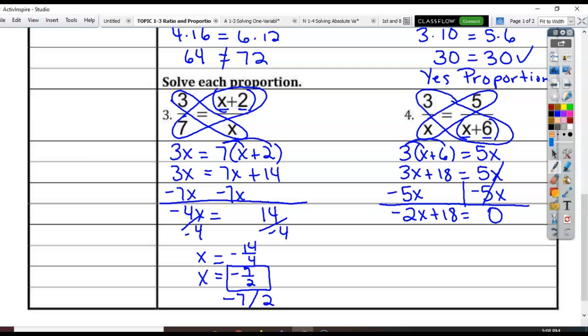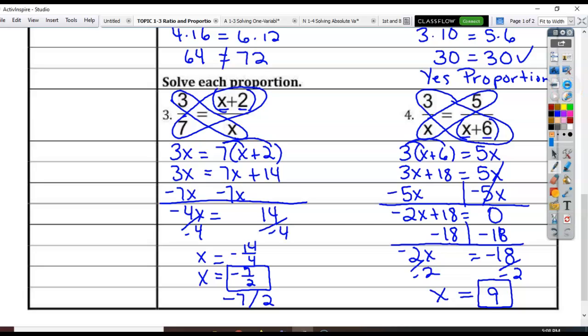Okay, those cancel out, but you have to have something over there, so make sure you put the 0. Then numbers to the right. You get a negative 2x equals negative 18. Divide, divide. You get x equals 9. Right, so your answer is x equals 9, but you want to put in 9 in the quiz today. Remember, that's your assignment quiz. That's just where you fill in the answers.